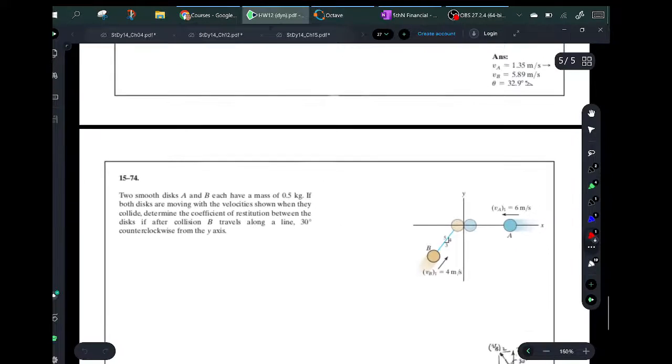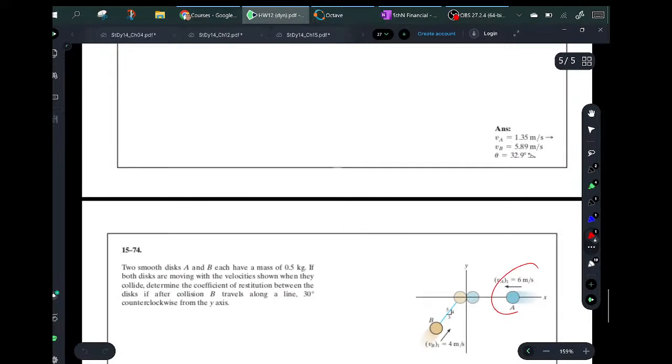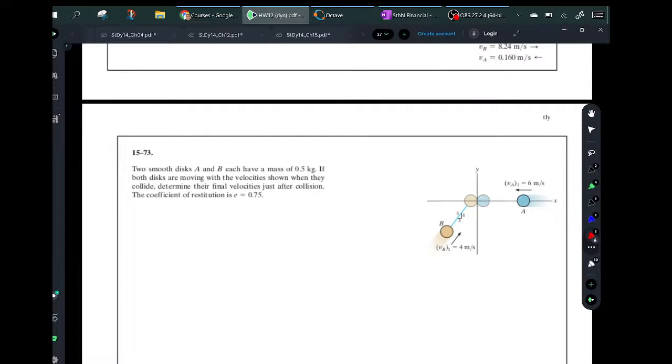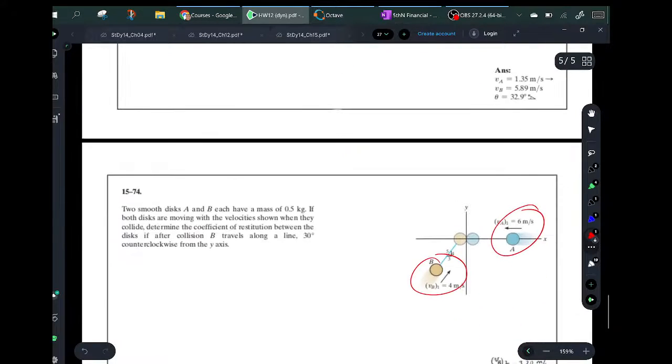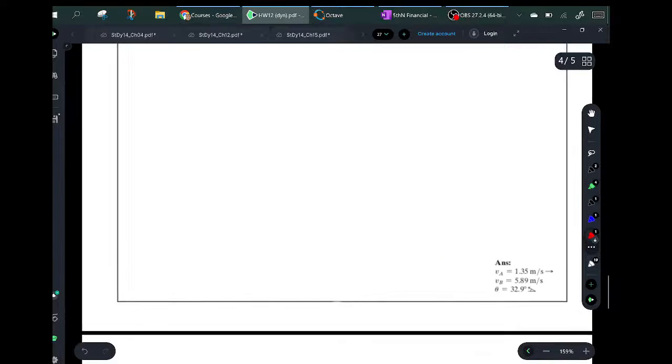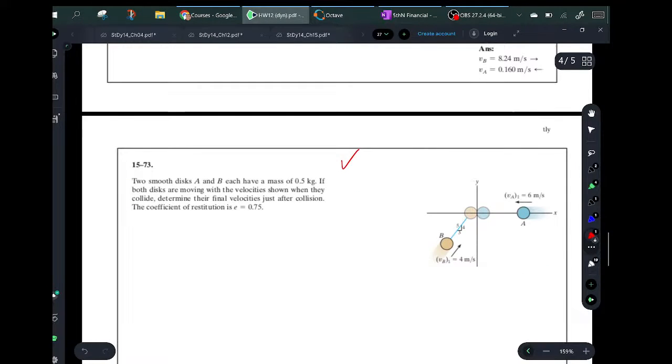Let's see. So the picture's the same here. The values are the same, 6 and 4. Okay. Let's do this one first, and then we're going to go down, and we're going to do this one. Pictures are the same, though. So here we go.